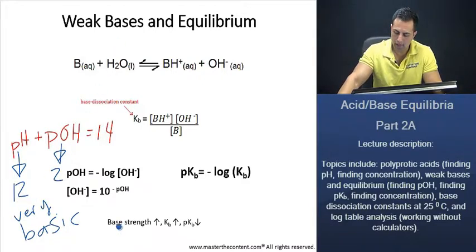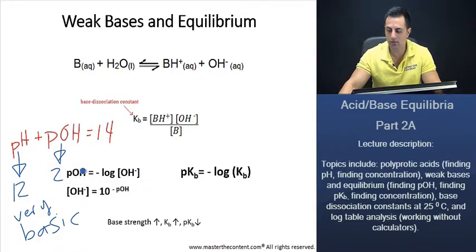Thus, as the base strength increases, the pOH decreases, and just as the pOH decreases, so does your pKb value. So as base strength increases, your base dissociation constant will increase, which makes sense because the base is a stronger base. Furthermore, your pKb value will decrease, which also makes sense just as your pOH value decreases.